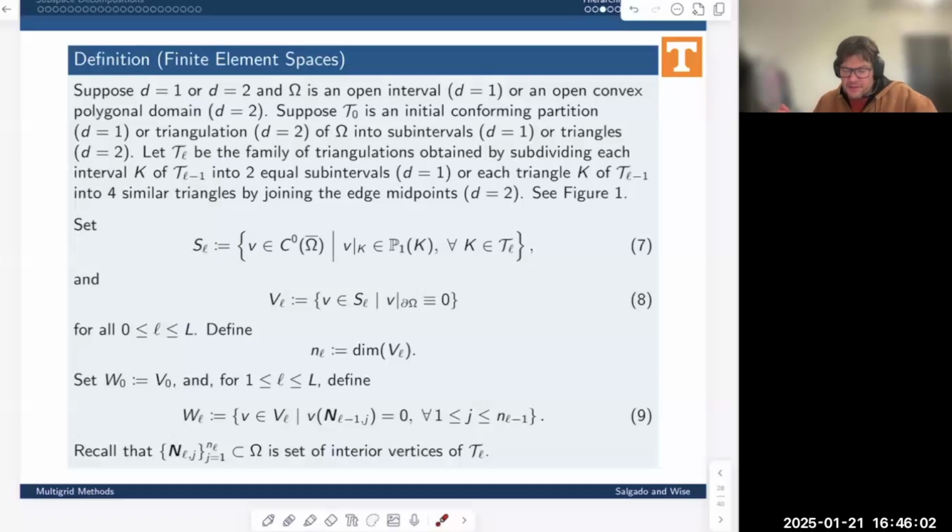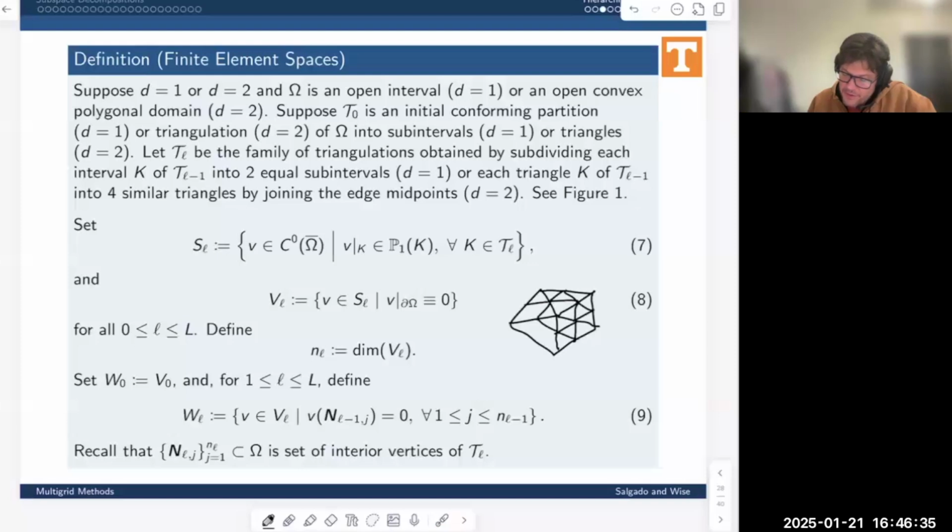All right, so the best thing to do is to fix your gaze on either 1D or 2D, whichever you find easier to understand. I'm going to think about 2D. So I'm going to think about maybe a domain which looks like that. I can put an initial triangulation on it, and then I can quadrisect that to make even finer triangulations, each of which turns out to be conforming.